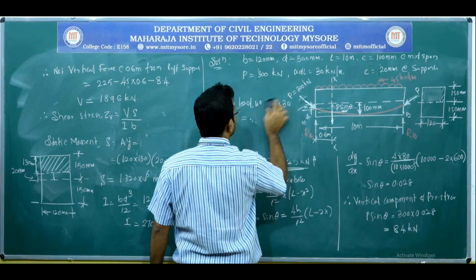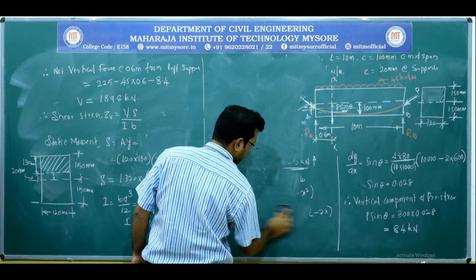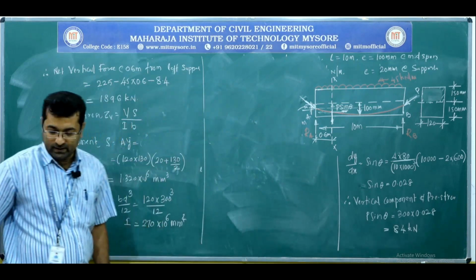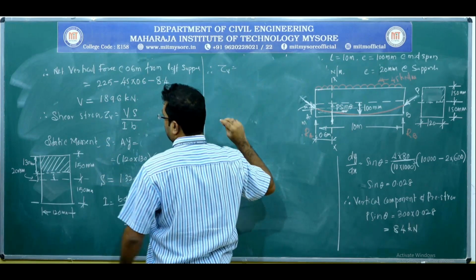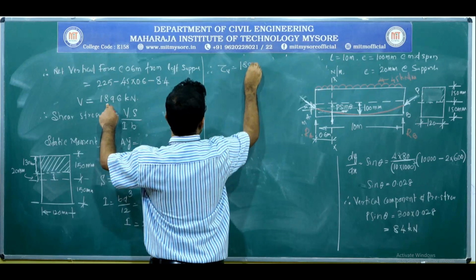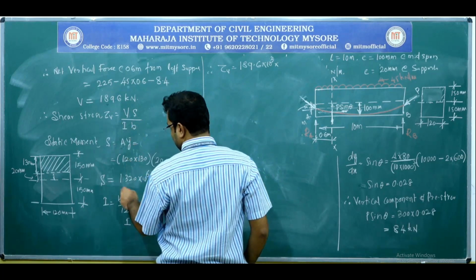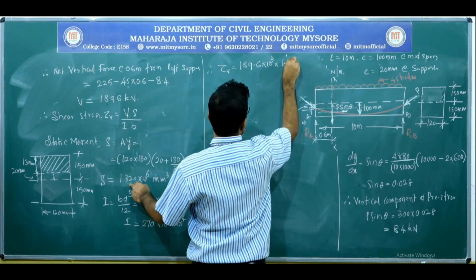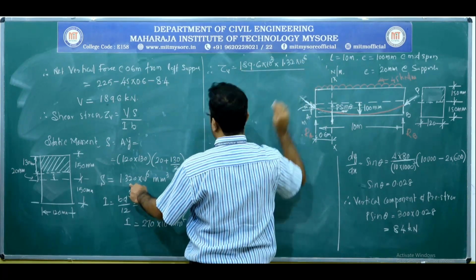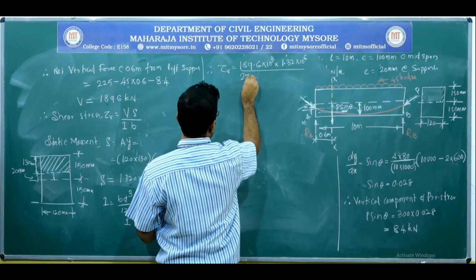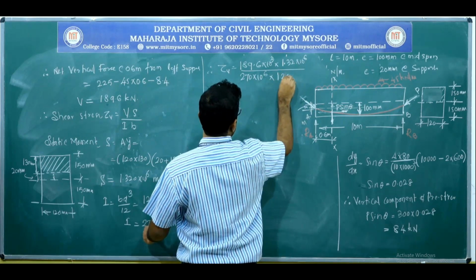So if I substitute all these things into the shear stress equation, shear stress τ is equal to V, 189.6 into 10 to the power 3, into static moment 1.32 into 10 to the power 6, divided by moment of inertia 270 into 10 to the power 6 into b, 120.